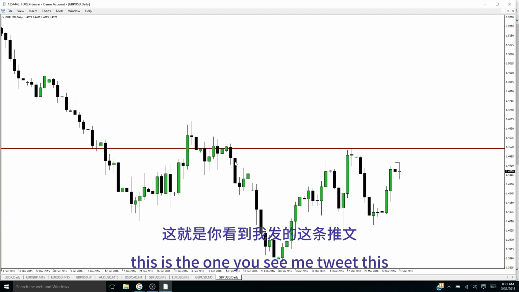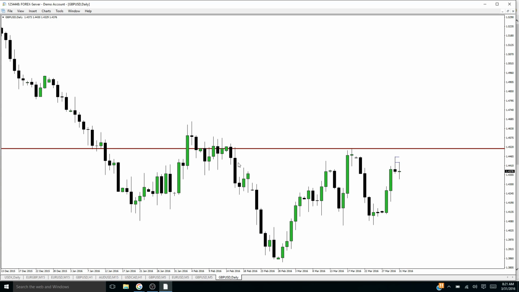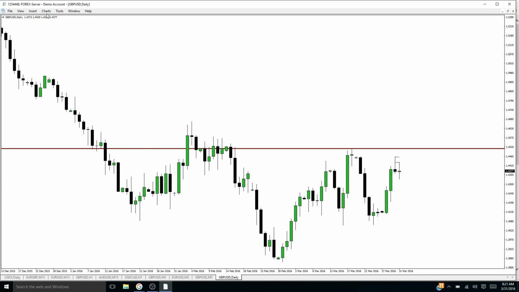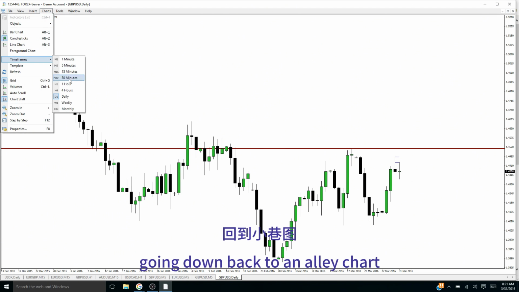And this is the one you saw me tweet. I believe it was this one. I'm not sure now, I might be speaking too soon, but going down back to an hourly chart.